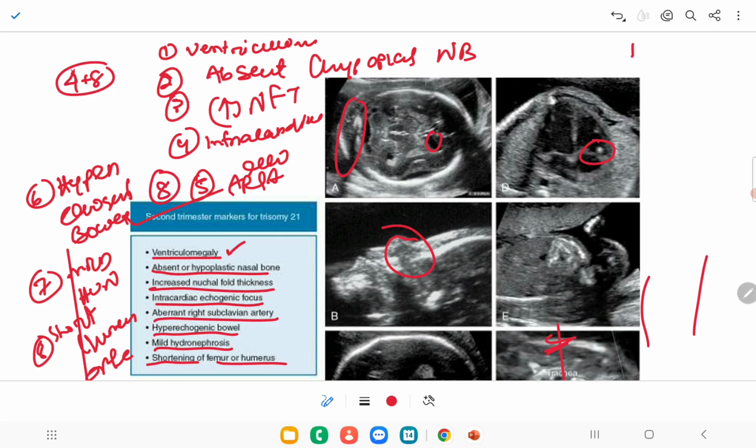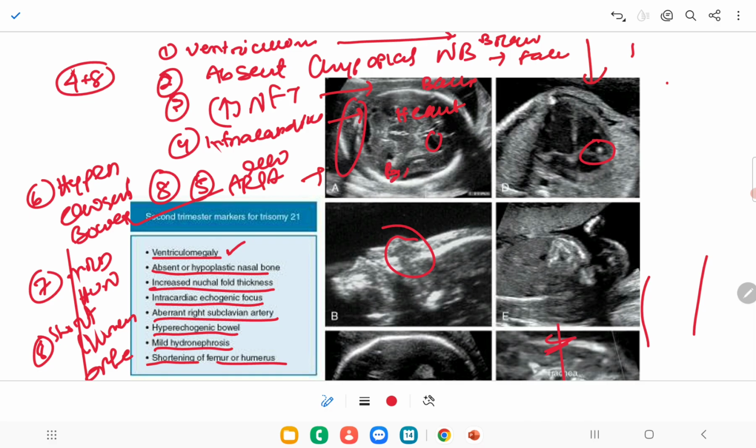If you start from head to toe, the brain shows ventriculomegaly. Then the face will show absent or hypoplastic nasal bone. Then you go to the back of the head, that is nuchal fold thickness. Then you go to the heart, intracardiac echogenic focus, then the branches of the subclavian artery, ARSA.